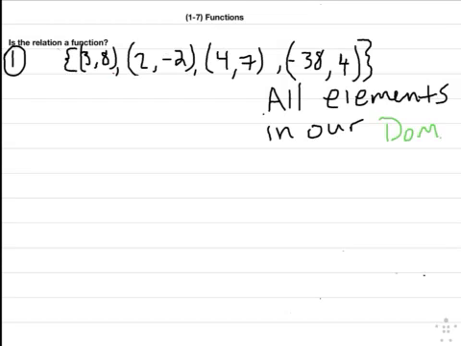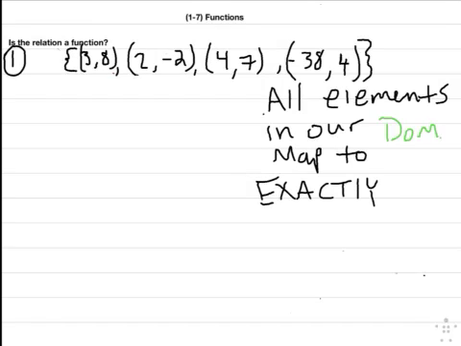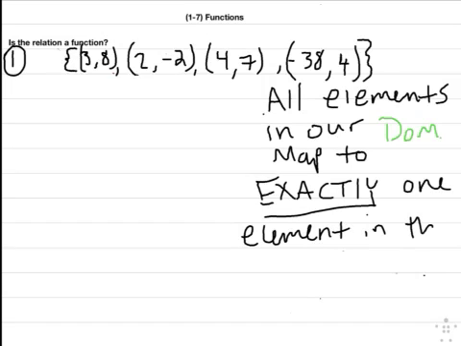In our domain, all the elements in our domain map to, and this is the really important part, exactly one element in the range.